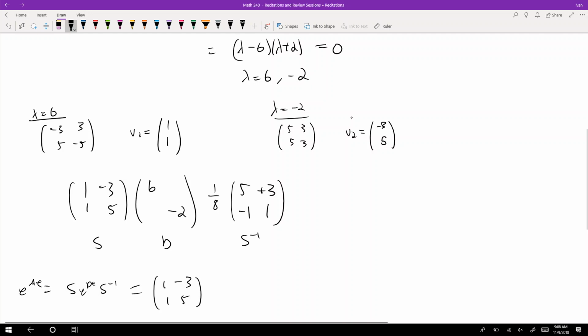So almost, but we have this e to the power thing. You raise the diagonal entries to the whatever times t. So this is e to the 6t and e to the -2t.